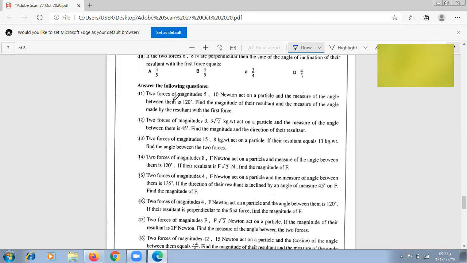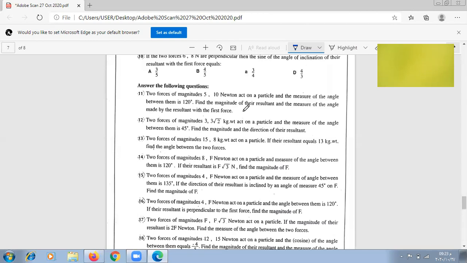Let's see. Problem number 11. We have two forces of magnitude 5 newtons and 10 newtons acting on a particle, and the measure of the angle between them is 120 degrees. He's asking us to find the magnitude of the resultant and the measure of the angle made by the resultant with the first force. He didn't tell me to pick one of them as theta and the other as alpha. I put whatever I want.